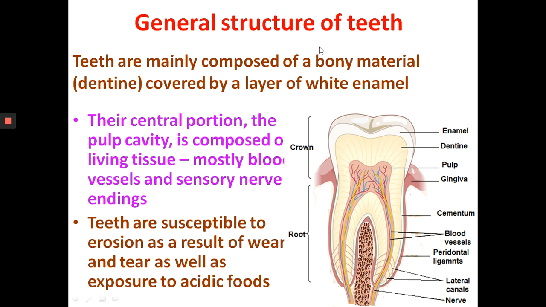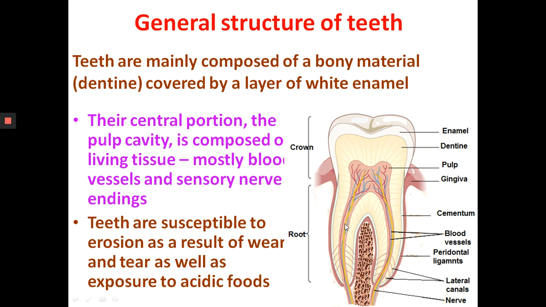So the general structure of the teeth: mainly composed of bony material, the dentine, covered by a layer of white enamel. The bony material is a very strong material, covered by white enamel, which is also very strong. The central portion is the pulp cavity. This cavity is composed of living tissue, mostly blood vessels, these red and blue vessels, and sensory nerve endings.